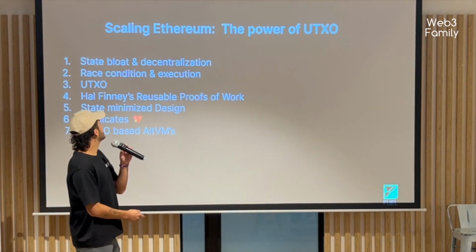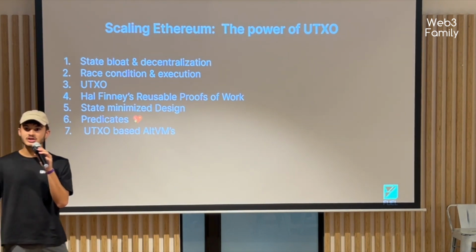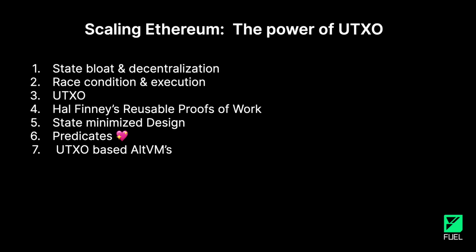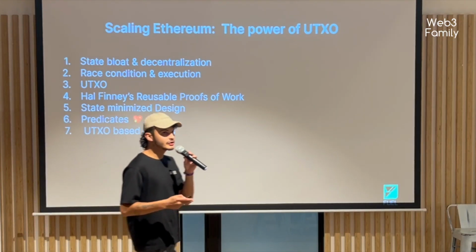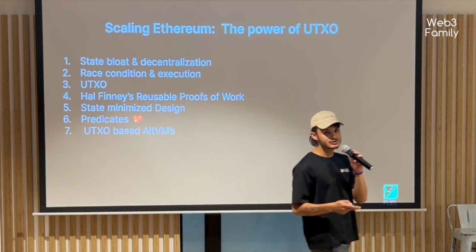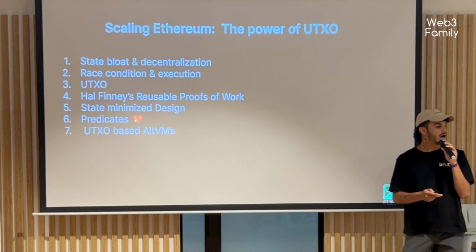So we are going to talk about the state bloat issue and how it's threatening decentralization. We are going to talk about race conditions in execution and why we cannot have parallel transactions in Ethereum. We are going to talk about UTXOs.